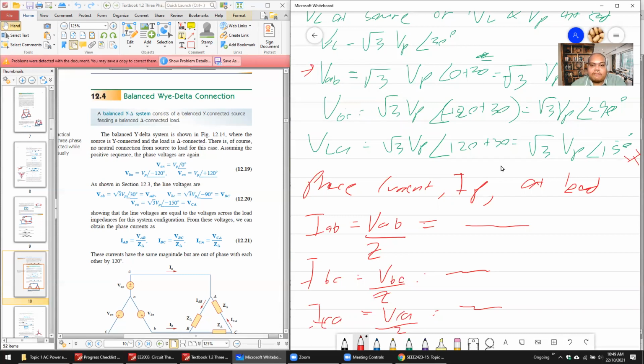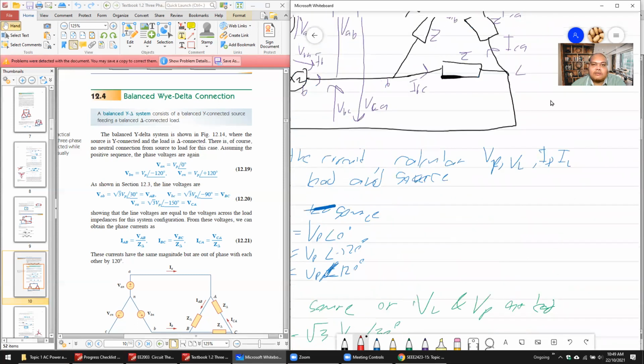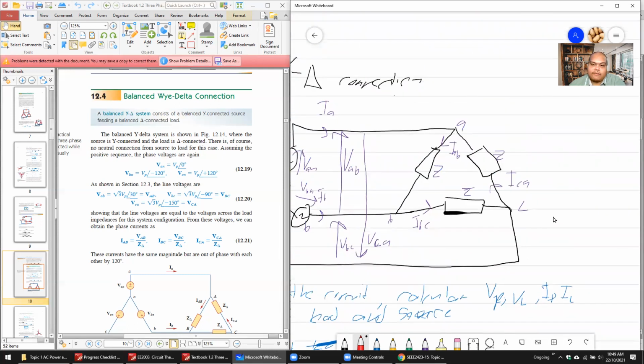Now for the tricky part, the line current. You can see the line currents here: this is IA, IB, and this location, IC.